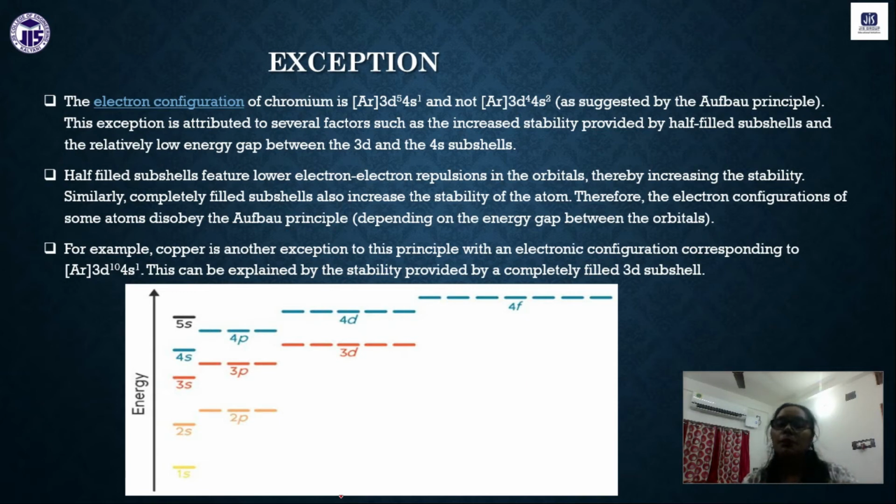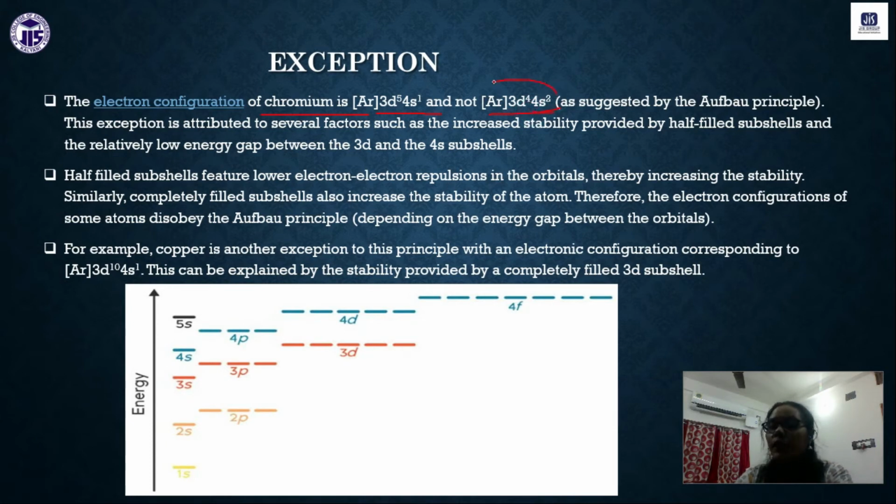Now we have some exceptions to the Aufbau principle, like the chromium atom. The electronic configuration should be argon in bracket, and then 3d4 4s2.